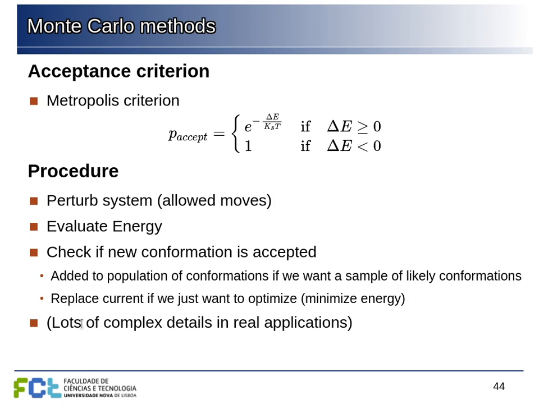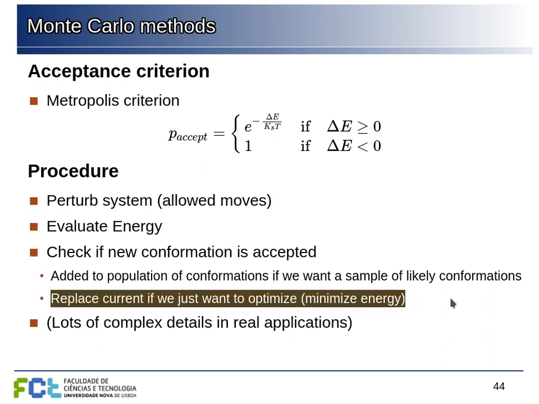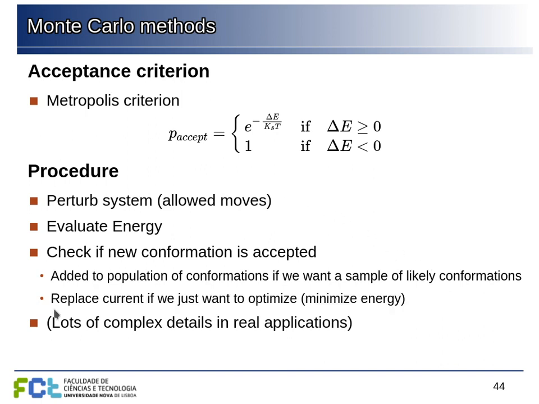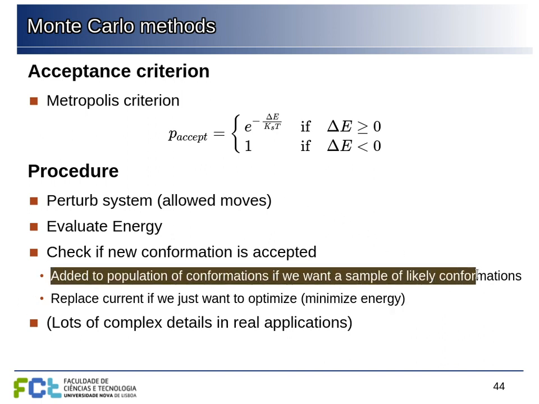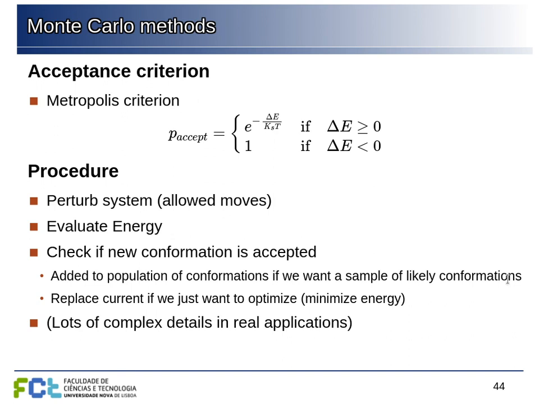So this could be if we want to optimize, for example, minimize the energy of the conformation of our protein, or we can even just use this to generate a population of conformations and to get an idea of the distribution of possible conformations. So this can be used to estimate entropy of different parts of the protein and so on.